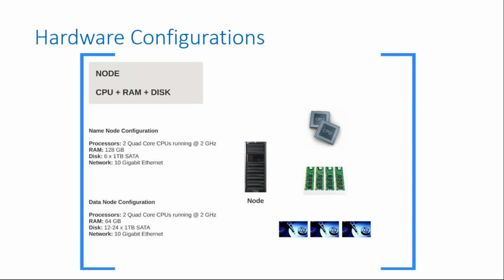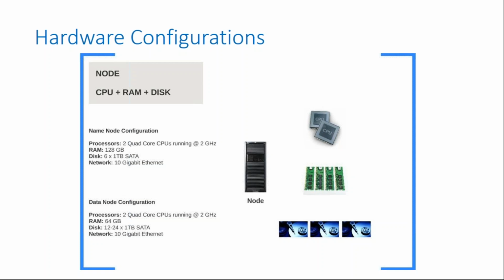The reason is the name node doesn't store anything, but it is going to perform all the operations in the cluster. So it needs a bigger RAM, but it doesn't need a bigger hard disk. And the data nodes, the other way around, they don't need a bigger RAM because they don't perform any operations, but they need a bigger hard disk because all they do is hold the data. So that's where the biggest difference lies between a name node and a data node.